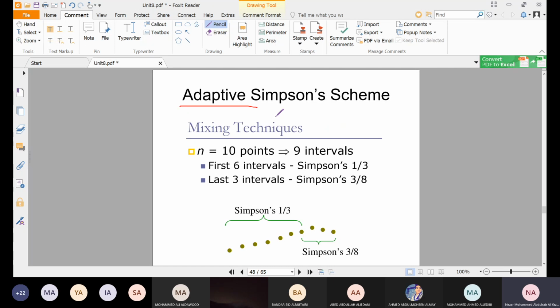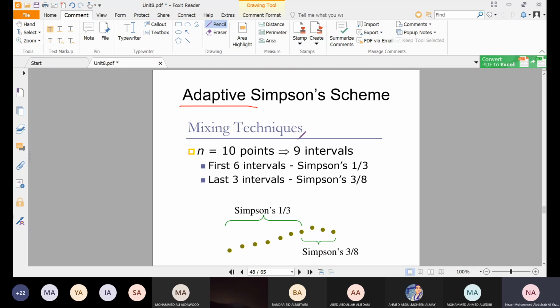And some of these methods mix between Simpson third rule and Simpson 3/8 rule, these two methods we studied before. We have a list of adaptive methods for Simpson, just for your knowledge only.